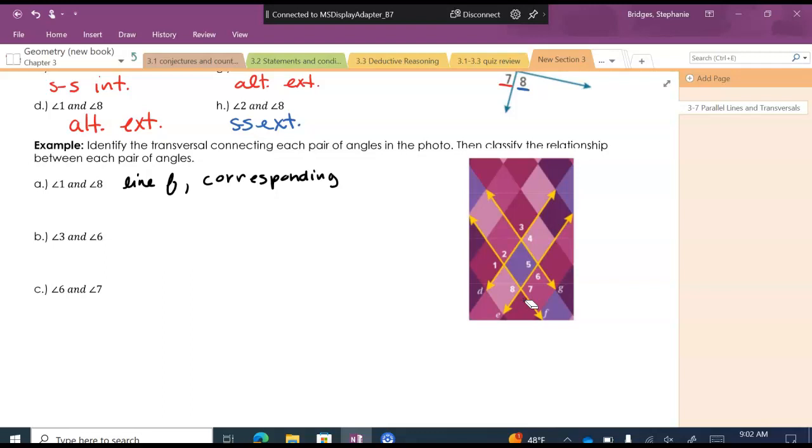That's the transversal. And then tell me what type of angle pair they are.